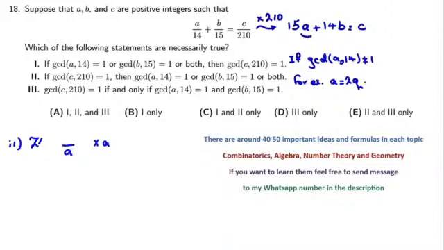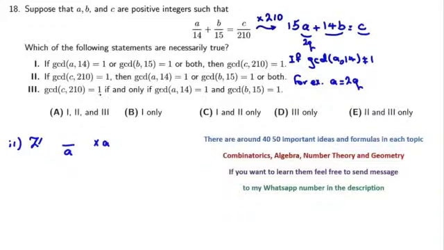So this one will be even, a multiple of 2, so C has to be even. So if A and 14 have a common prime factor, then the left side will be a multiple of that factor, so C should also be a multiple of that factor. Understood? Okay. So by this point, I want to say the third one is correct.